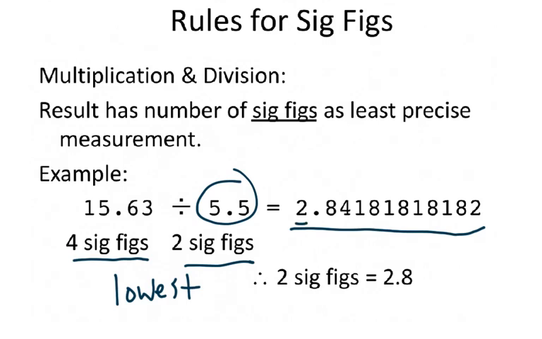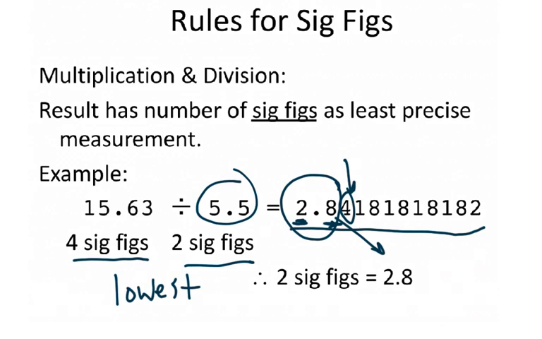So we're going to keep the 2 and we're going to keep the 8. Now, very important, if this number here is a 5 or higher, we would have rounded up and it would have been 2.9. If it's a 4 or lower, it stays the same. In this example, it stays the same and our final answer is going to end up being 2.8.